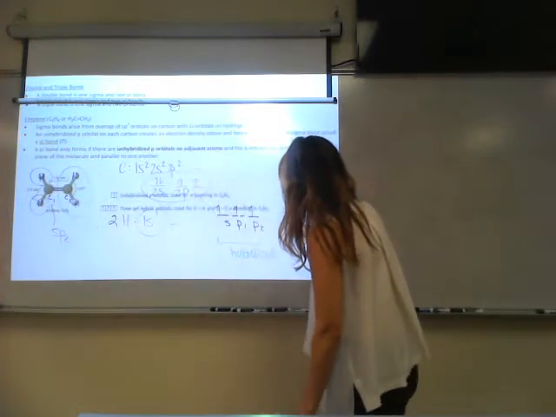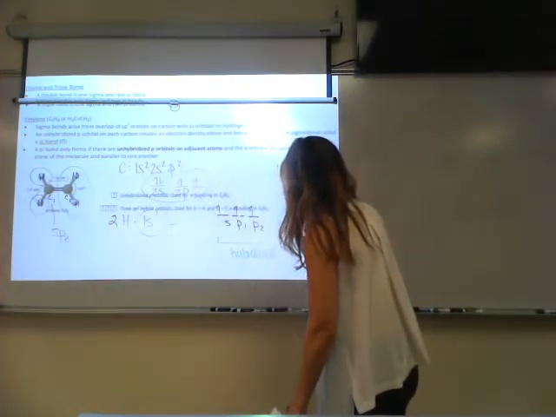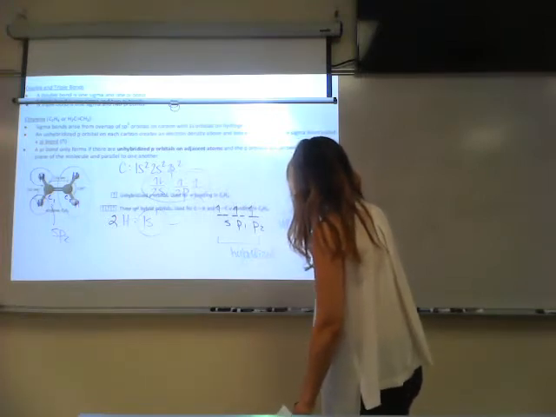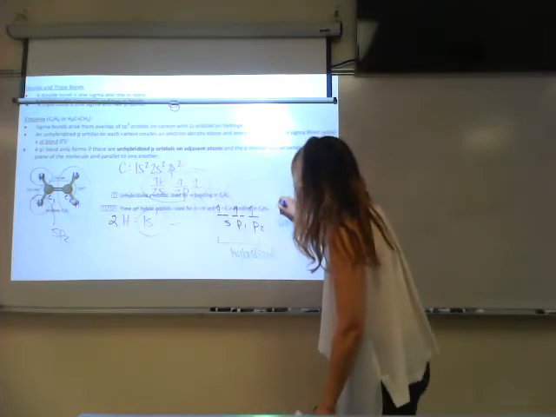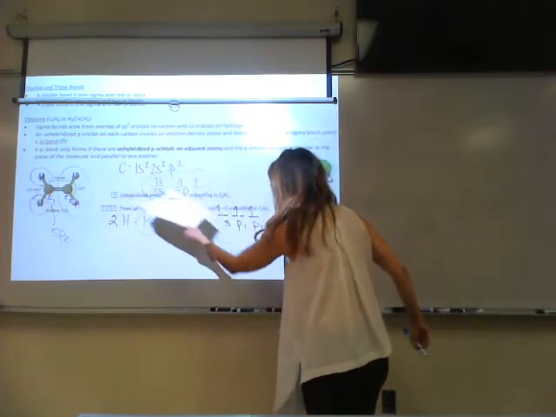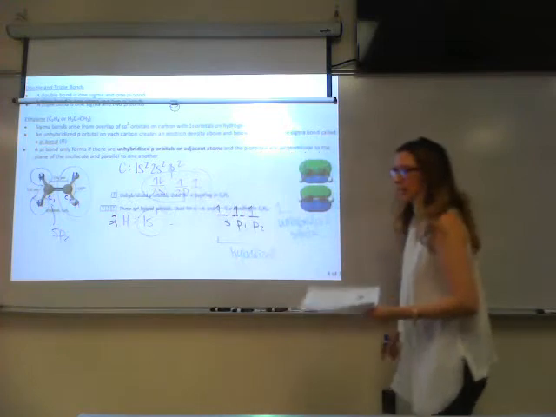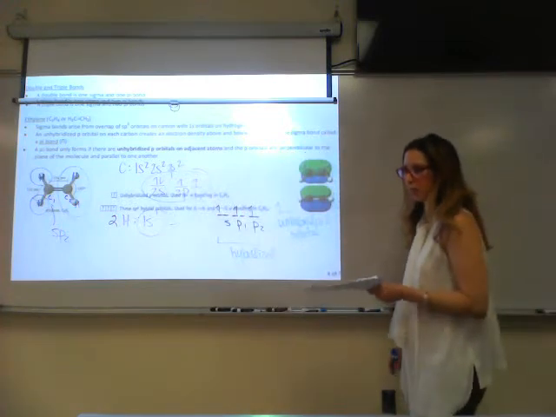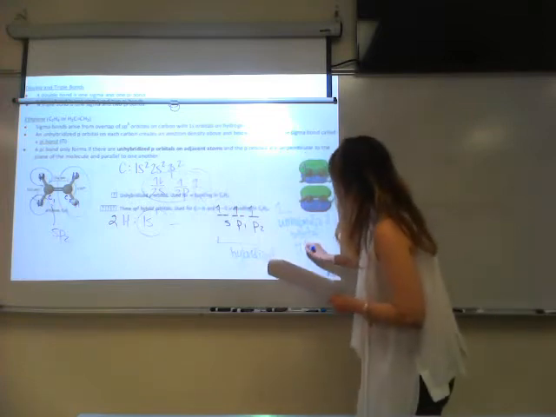You're going to have what is called an unhybridized orbital, and you're going to have one of the electrons from carbon in that unhybridized orbital. And this is where your pi bond forms.